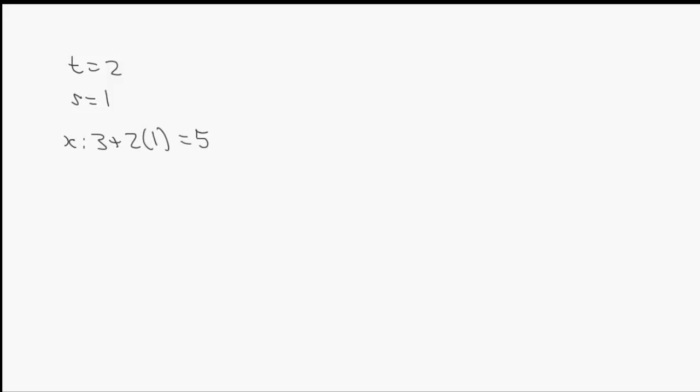And the value of y will be 7 plus 2 times 4, which equals 15. So ultimately, our answer is (5, 15). So that's more or less how you do intersect at one point.